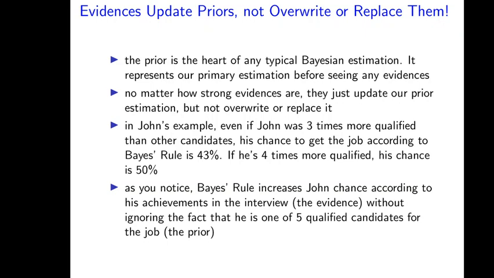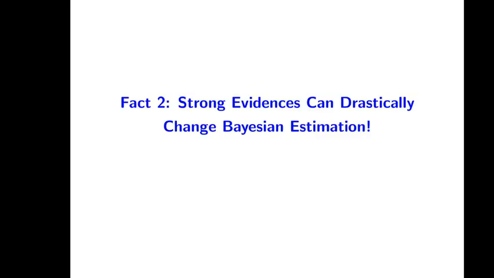So the evidences just update priors, not override or replace them. The second fact of Bayes' theorem, which may seem to contradict the first fact, but it doesn't, is that strong evidences can drastically change Bayesian estimation.